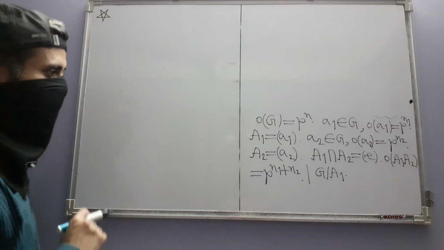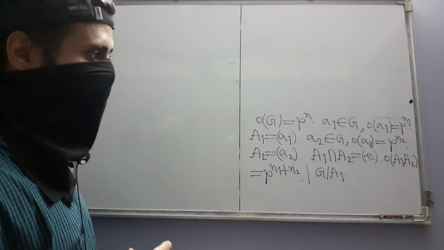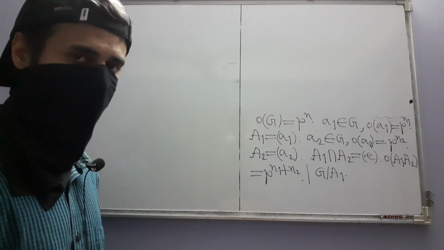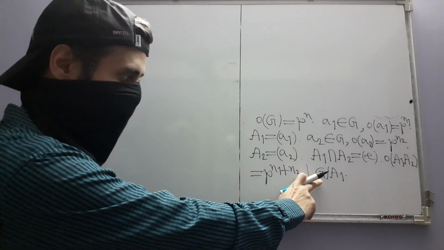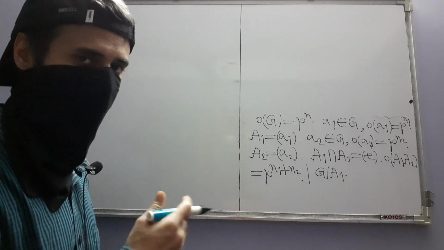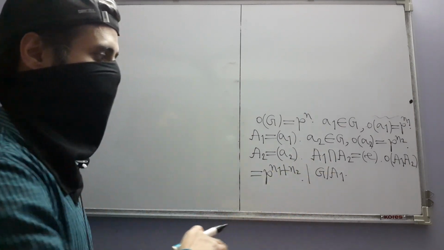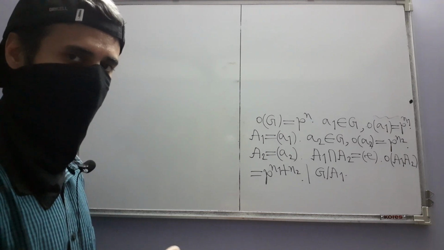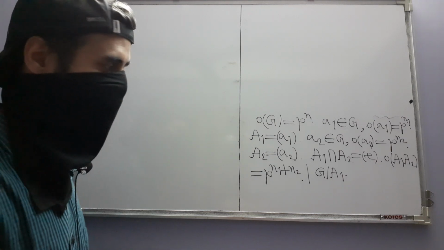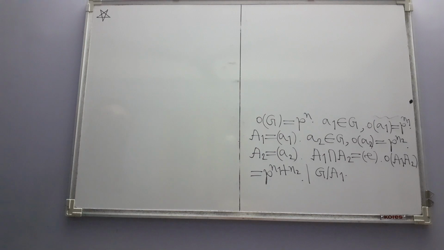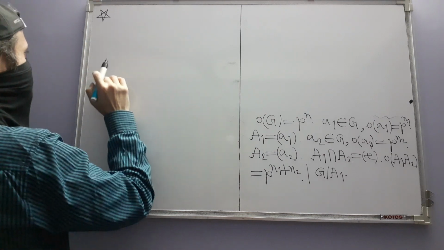And there we are going to consider an element having maximum possible order. We actually first considered this group and then chose an element in this group having maximal possible order. Okay, so in this step, this is how things go.